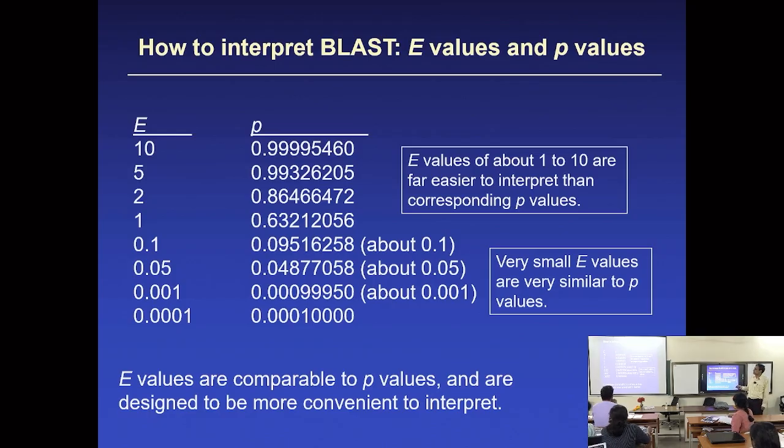When P value is 0.0487, which is close to 0.05, E value is also 0.05. When P value is 0.9995, E value is 10. So you would not want to consider this one when you are assessing the statistical significance. That's a very high E value.